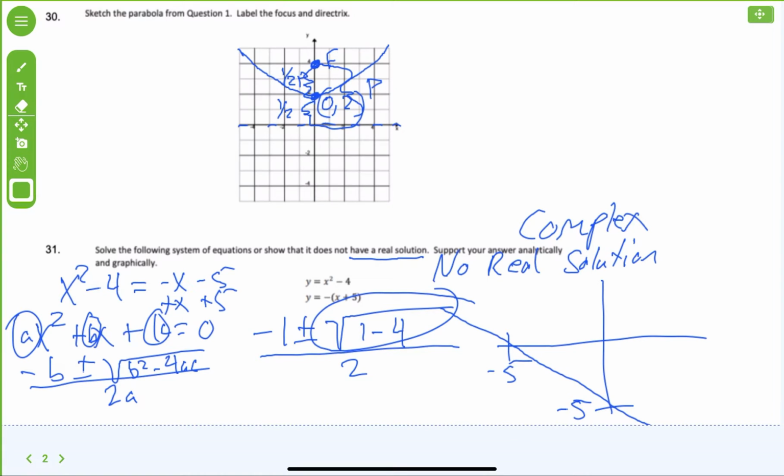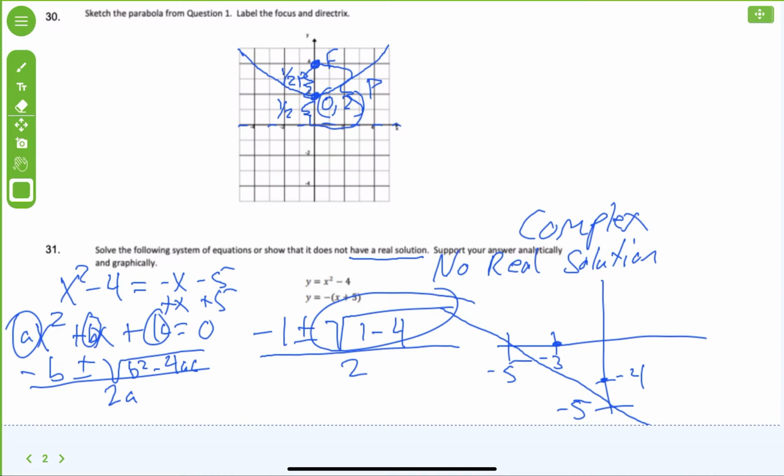So your parabola, if we plug in 0 for x, we're going to have a y of -4, and that's going to be your vertex. If I plug in a 1 for x, I have 1 minus 3. If I plug in a -1, I have 1 minus 4, which is a -3.